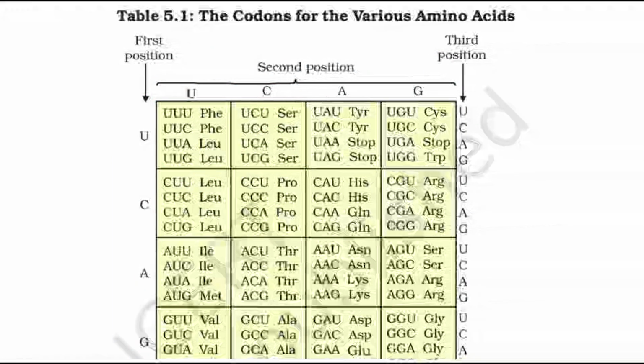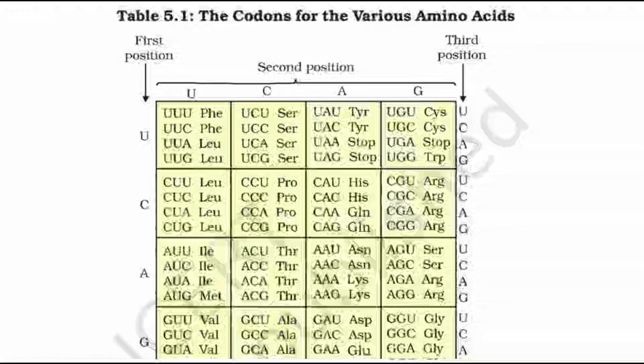Then similarly in a horizontal way and in a vertical way we write it like this. So UA, UG, UC and UU. In this way we can write it. It is the simplest way to form the code for the various amino acids, along with the names of the particular amino acids, and the first, second and third positions, which are given.